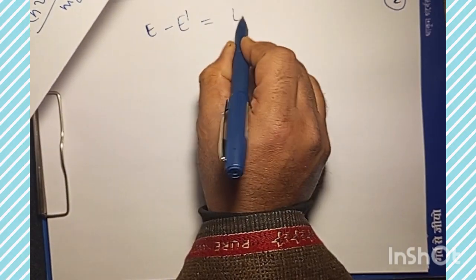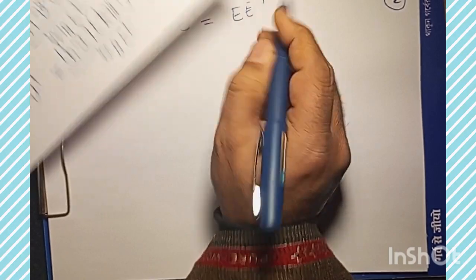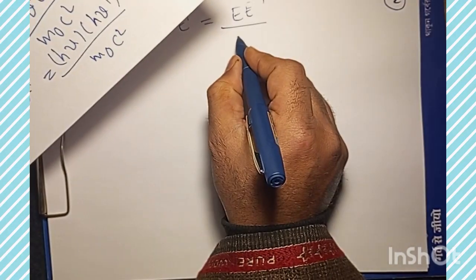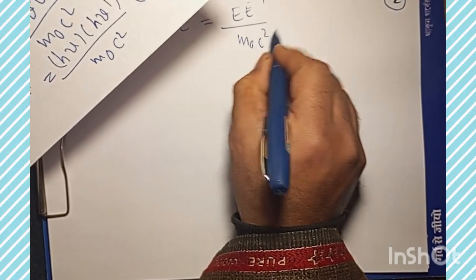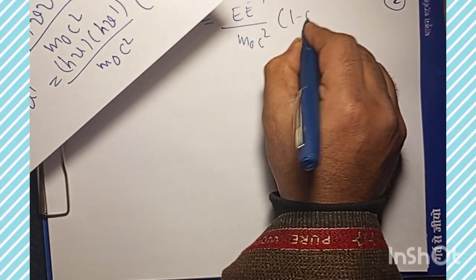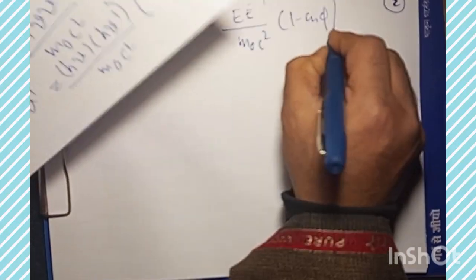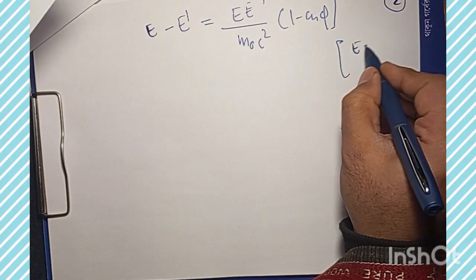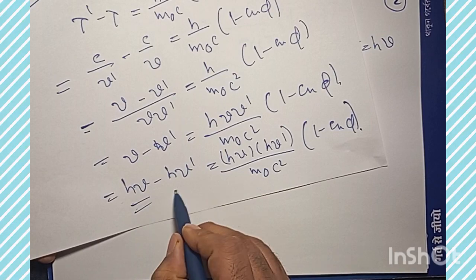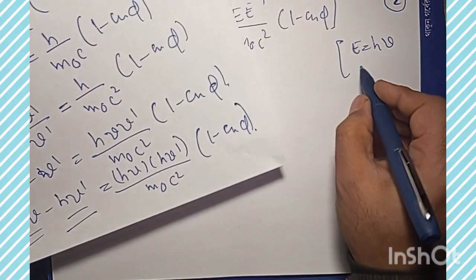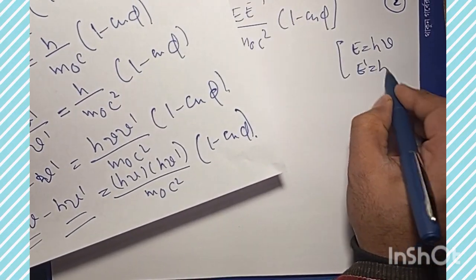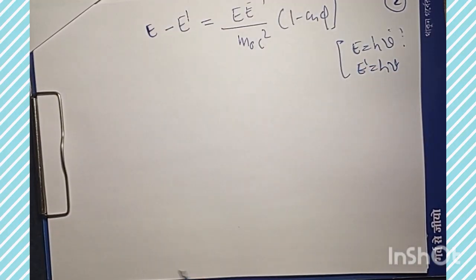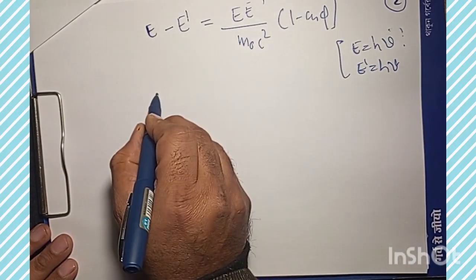So this is E dash by m naught c square times (1 minus cos phi). So for E I have h nu, and for E dash I have h nu dash.